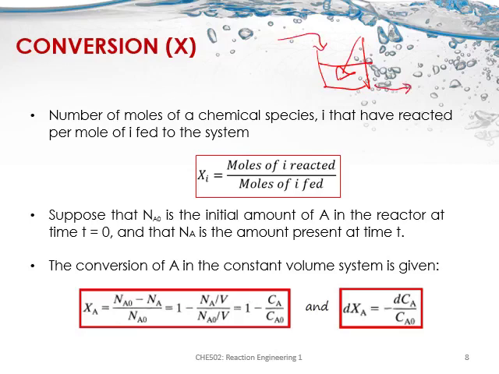It's a batch system, meaning that you have your NA0, then you have your NA. For batch, we always stick to NA0 and NA instead of concentration. So let's say this is 10 mole. You should know what is the number of mole or concentration of the reactants that you are going to put in the reactor. So here, the initial number of mole is 10 mole.